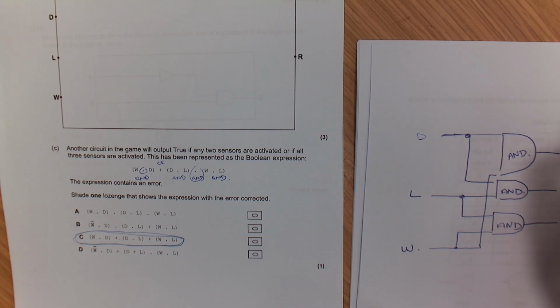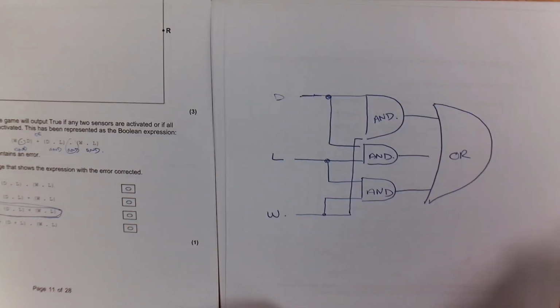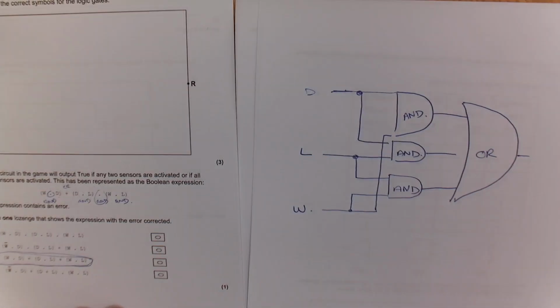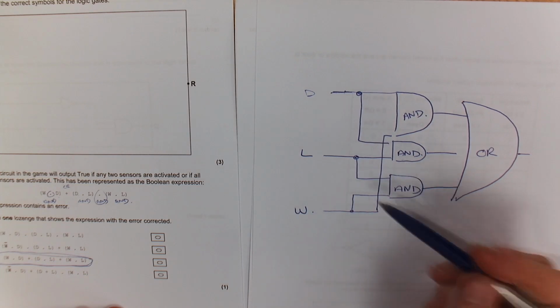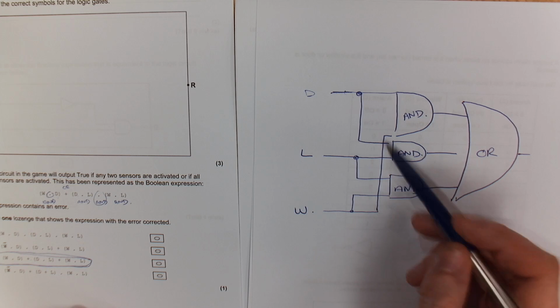So you've not seen a logic gate like this before. There we go. Because I've got D and L, L and W, and W and D.